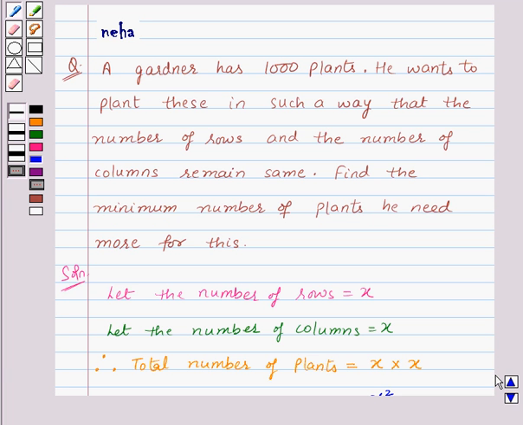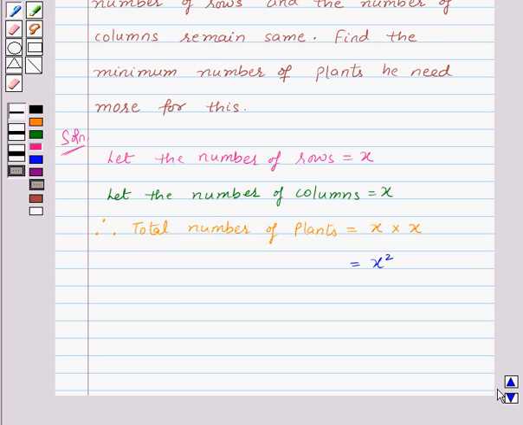In the question we are given that the total plants are 1,000. So that means x square will be equal to 1,000, which will give us, on taking square root on both sides, x equal to square root of 1,000.